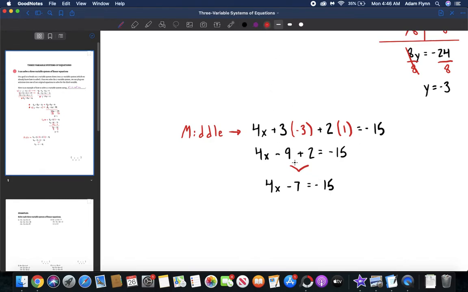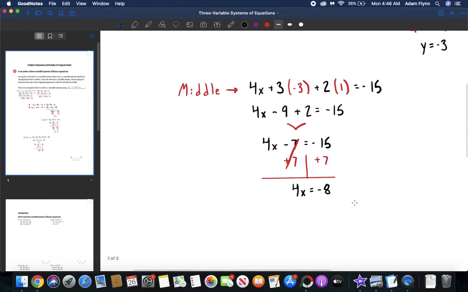I can add 7 to both sides. When I do that, sevens eliminate, so I get 4x equals negative 8.